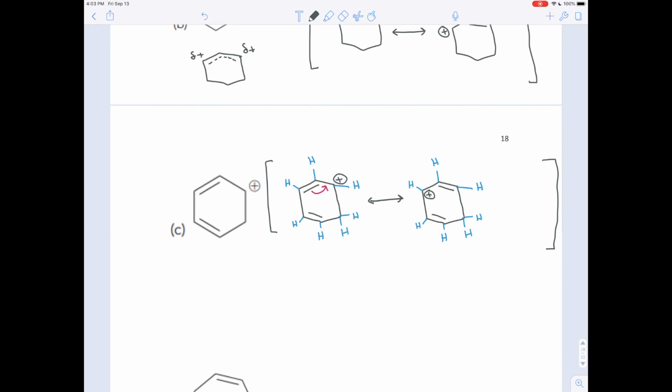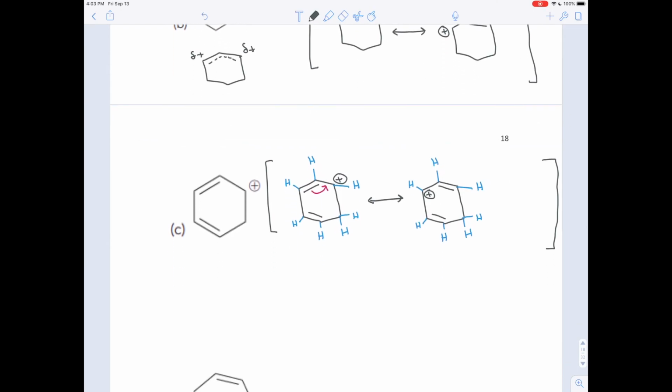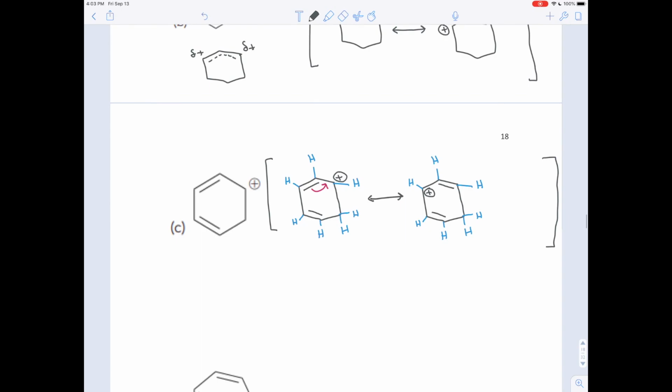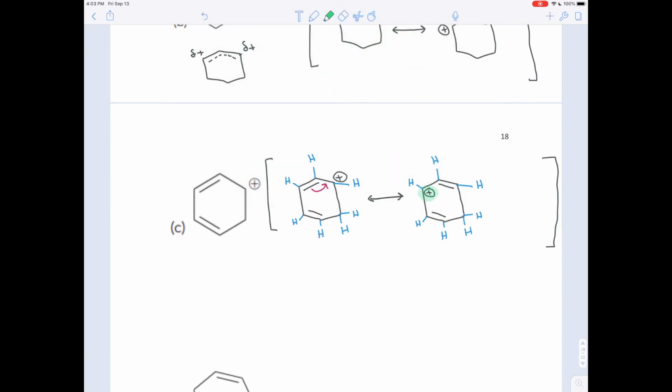All right. Now we've drawn one resonance structure, but there's no rule that says a molecule can only have two resonance structures. So long as you have a new resonance pattern, you can draw another resonance structure. So for example, here we have a positive charge, and this positive charge is allylic.